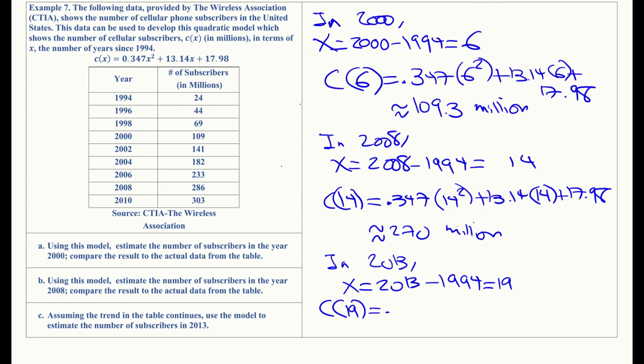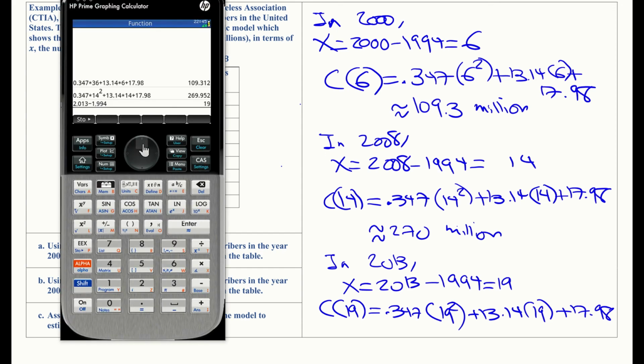So you know what that means: 0.347 times 19 squared plus 13.14 times 19 plus 17.98. So again, we can copy this last result and replace the 14 with 19.